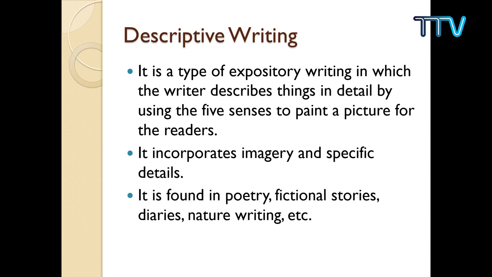It is found in poetry, like I told you. A lot of imagery is used in order to appeal to the senses of the reader. So this is usually found in poetry pieces, isn't it? And then fictional stories, in diaries, and nature writing. When you describe nature, you give a lot of details, right? So this type of writing is called descriptive writing.